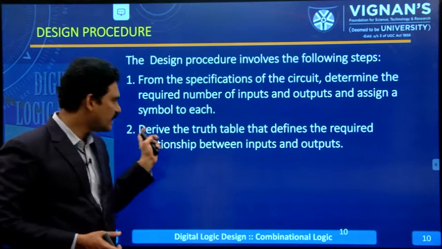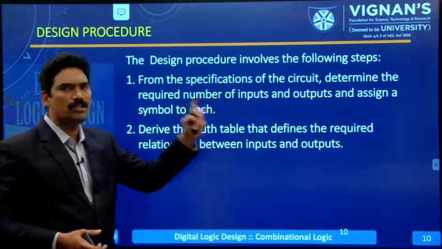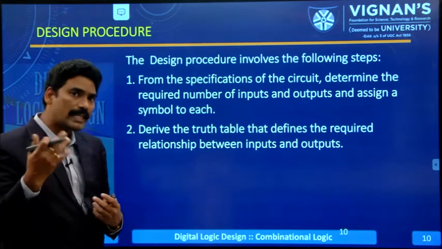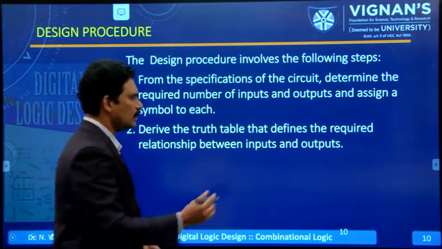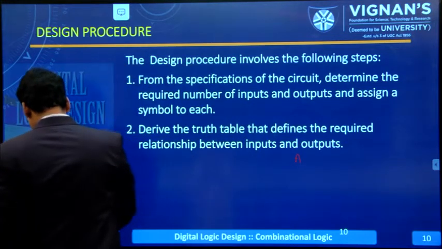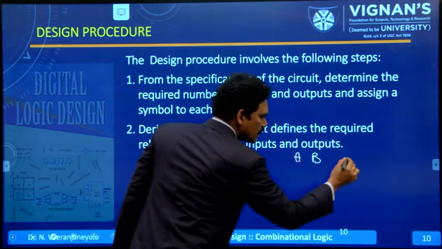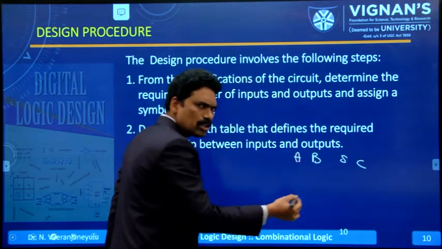The second step is to derive the truth table that defines the required relationship between inputs and outputs. See how to write the truth table for a half adder. The columns are A, B, S, C, so we write the truth table for that.